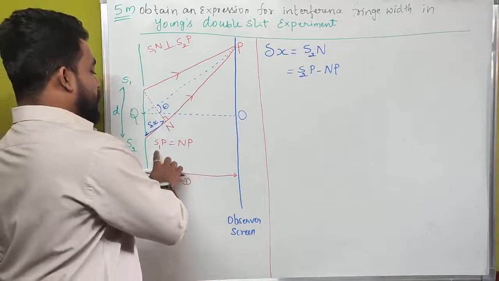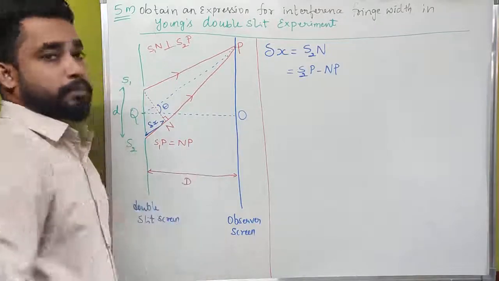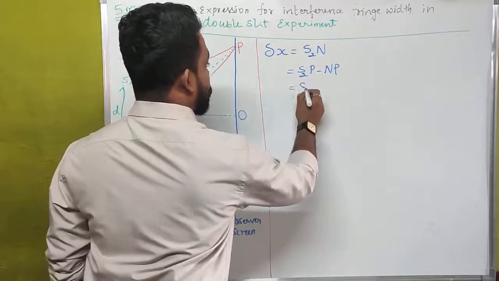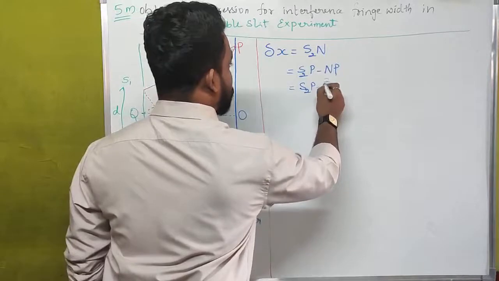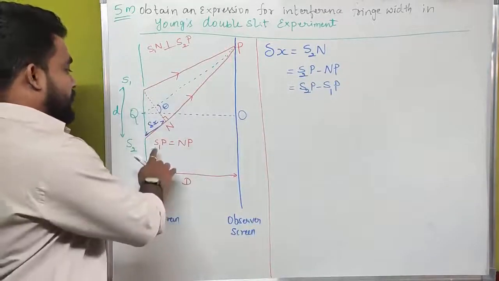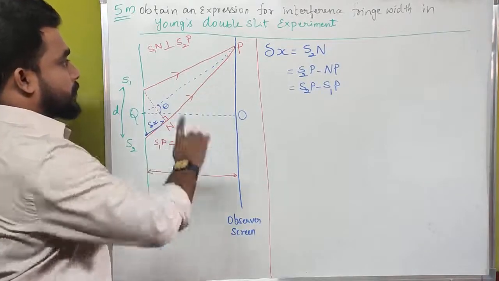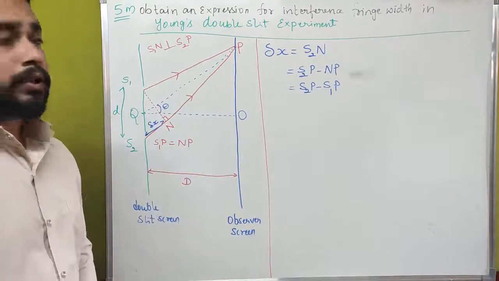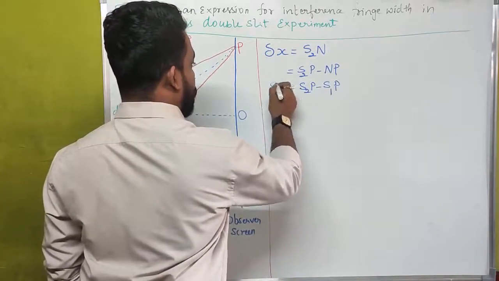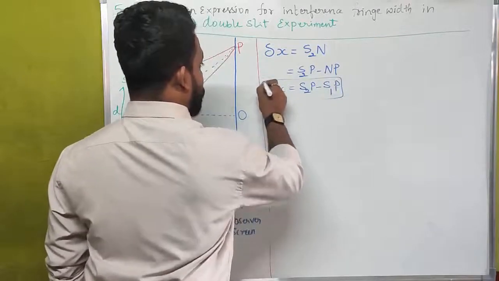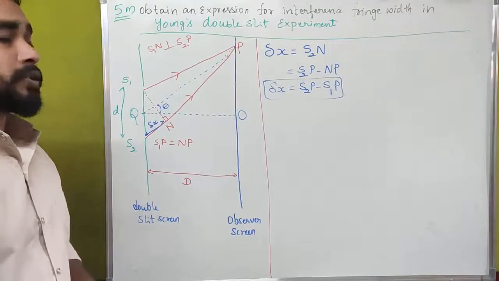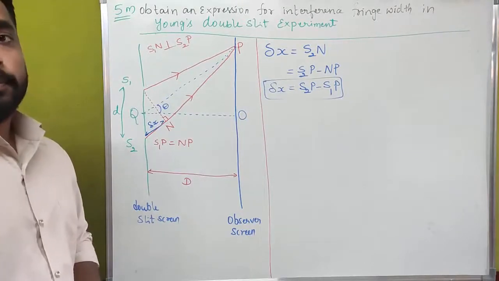But we know that S1P is equal to NP, so we can substitute the value of S1P for NP. So S2P minus S1P is equal to S2N. So this is the expression for path difference: delta x is equal to S2P minus S1P.